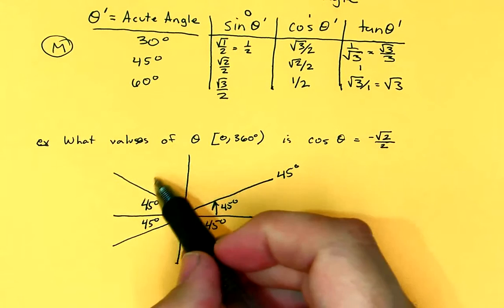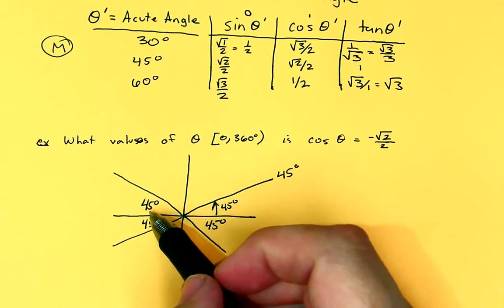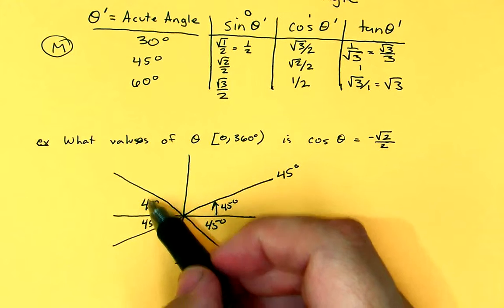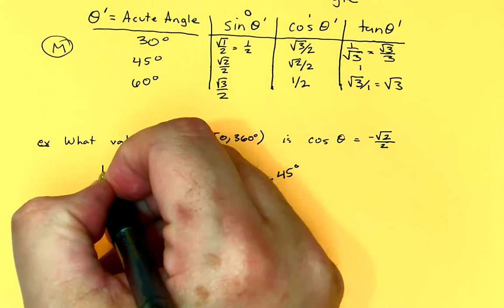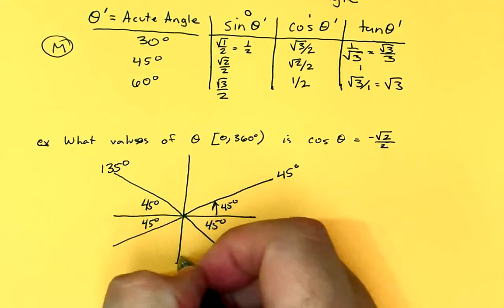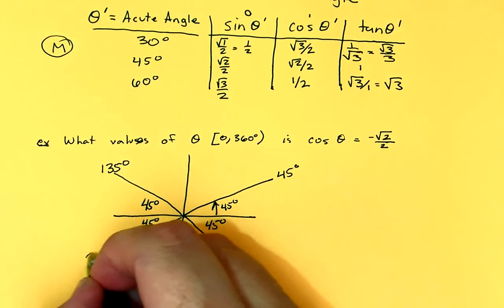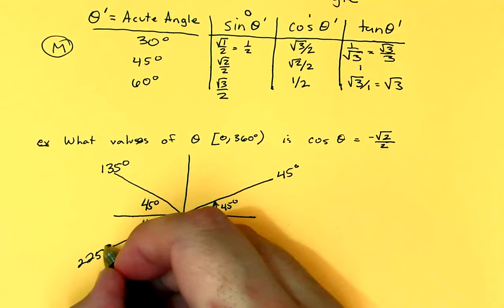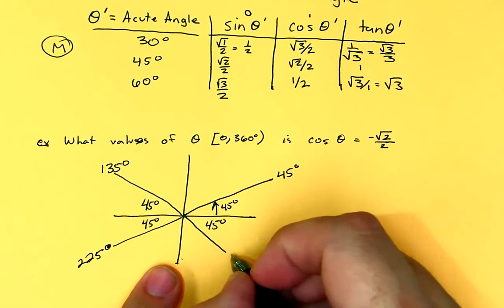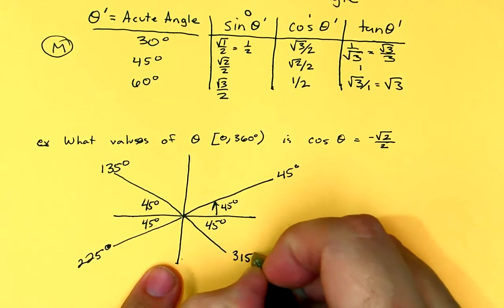So we can go through and say, alright, well that's halfway between 90 and 180. So this is 135 degrees. This is 180 and 270, that's 225 degrees. Then 270 to 360, that's 315 degrees.